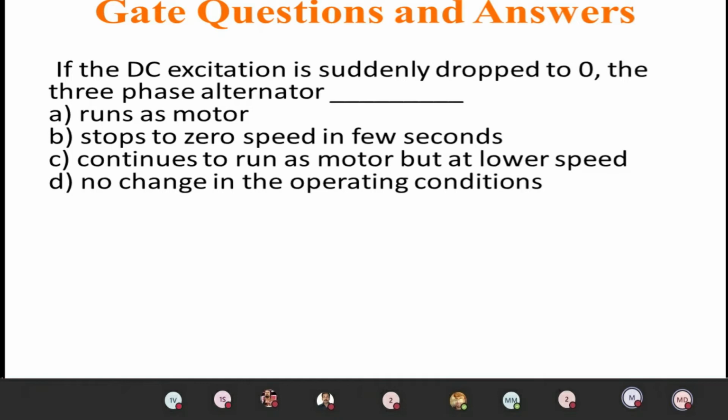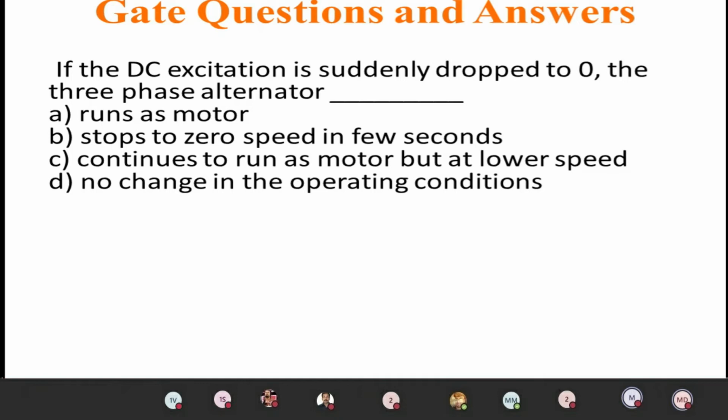So let me read the optional answers: run as a motor and stop at zero speed in a few seconds; continue to run as a motor but at a low speed; no change in the operating condition. Before we discuss the question, we must learn what a synchronous motor is.